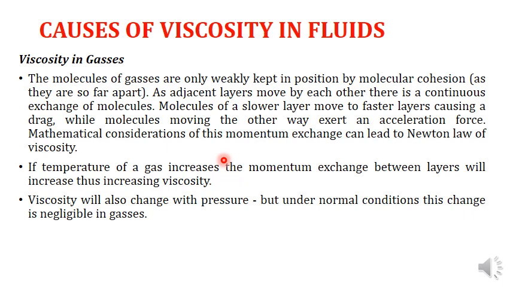So finally, technically, the mass gradient is the important factor that can change or affect the viscosity of the gases, and the velocity gradient is going to affect the viscosity of the liquids or the fluids.